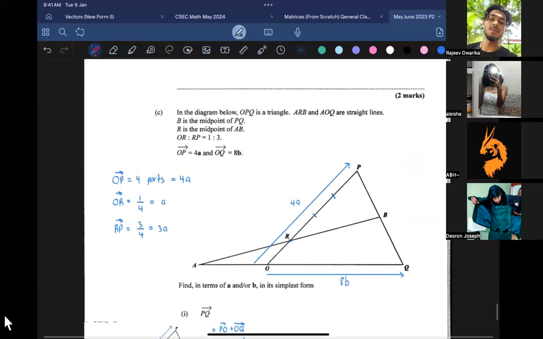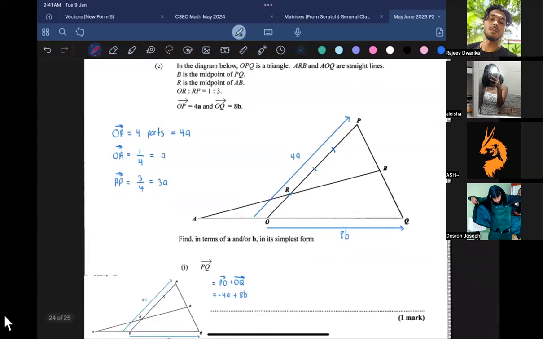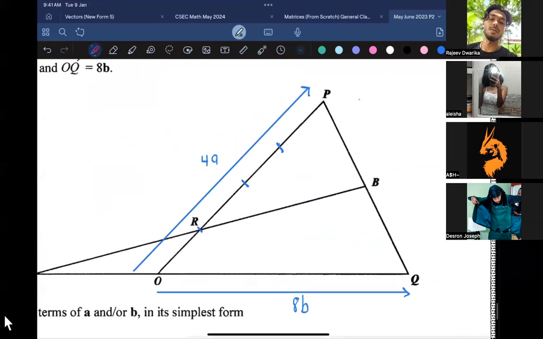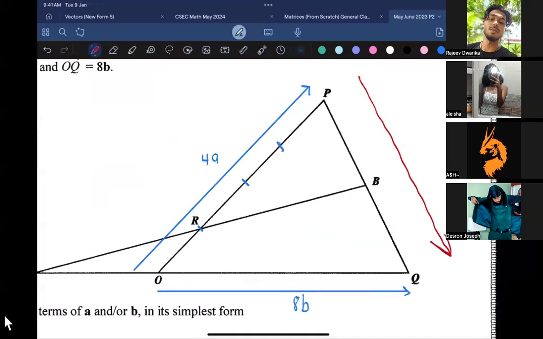In the question, they said that R is the midpoint of AB, and they said B is the midpoint of P to Q. So Sasha, they're saying that B is the midpoint of P to Q. So let me just say, imagine if this whole thing here was 4B.